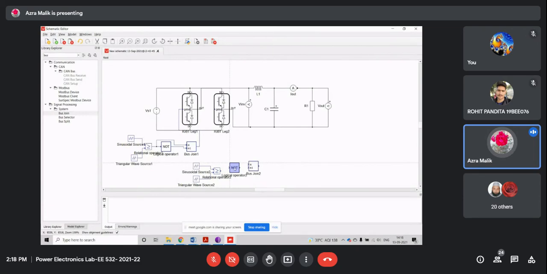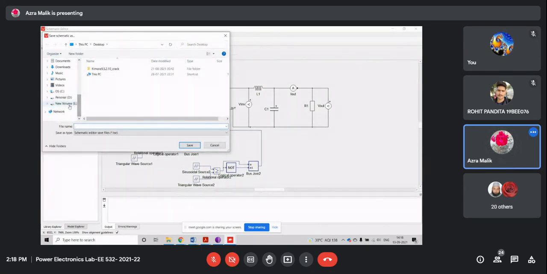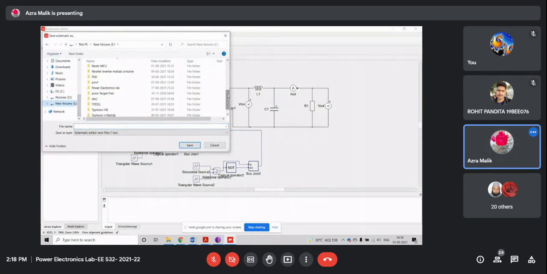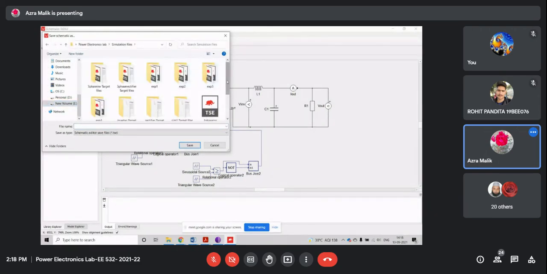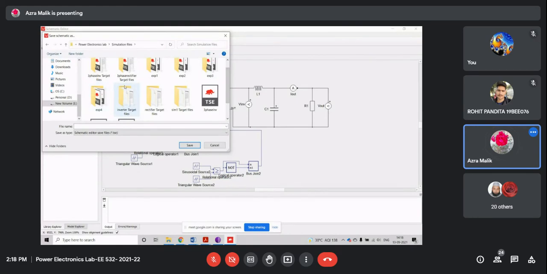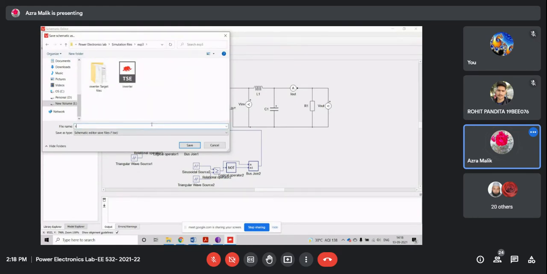Now we can connect these together. Yeah, now it is completed. Can compile it. Single phase inverter.